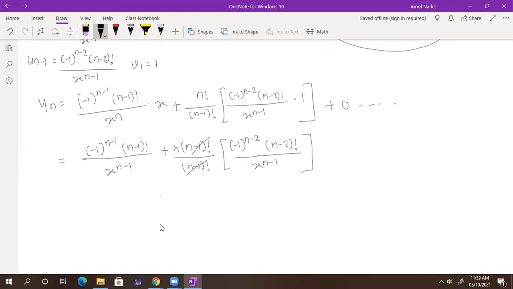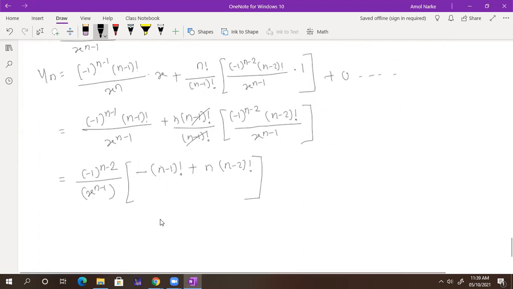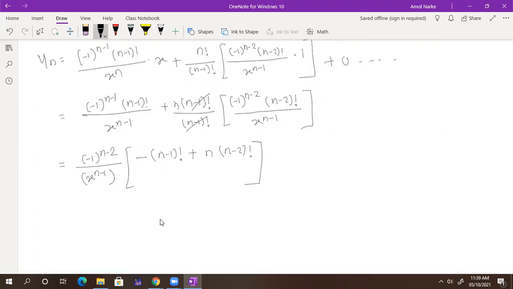So now take the common one. Either I can take n minus 1 common or n minus 2 common. So I will take n minus 2 common. So minus 1 raised to n minus 2, if I take the common one, divided by x raised to n minus 1. So in bracket, here it remains minus n minus 1 factorial plus n into n minus 2 factorial. Now I can take n minus 2 factorial common.